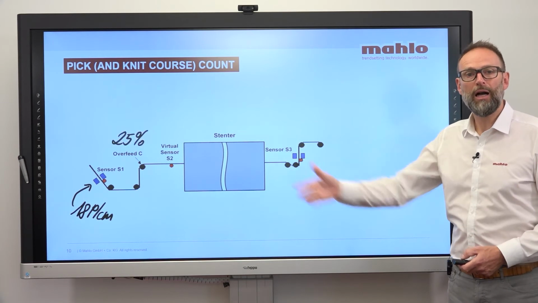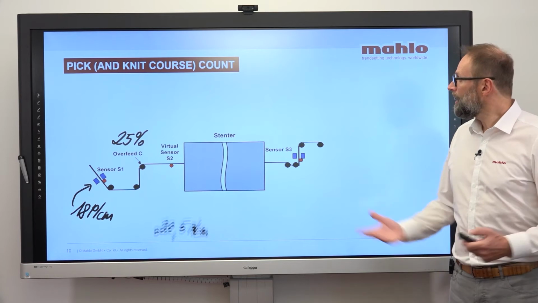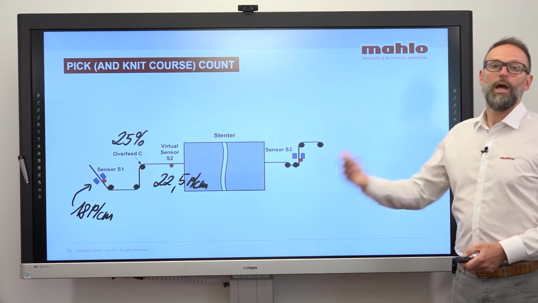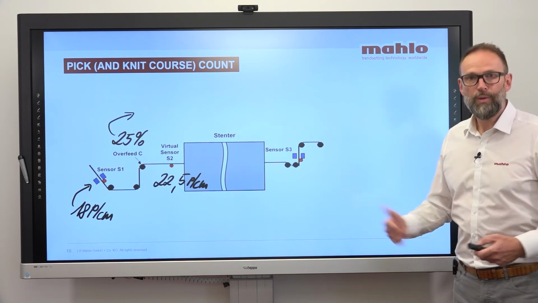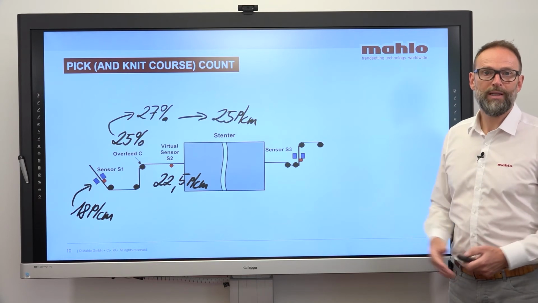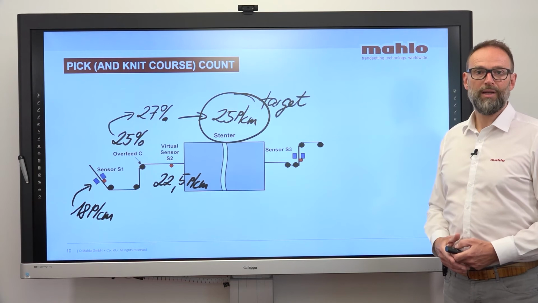And if we are carrying on with an overfeed of 25%, we would end up with 22.5 picks per centimeter. This is not what we wanted. In order to achieve the 25 picks, we have to increase the overfeed to 27%, and then we will end up with a target value of 25.